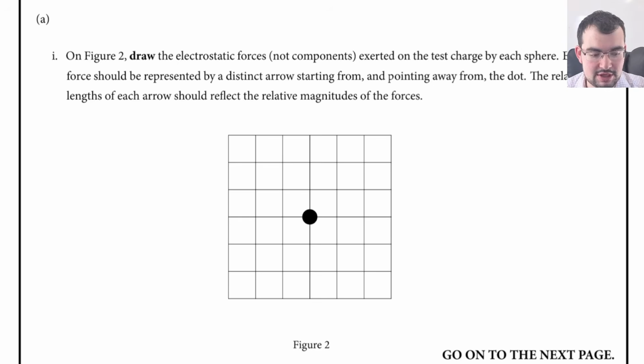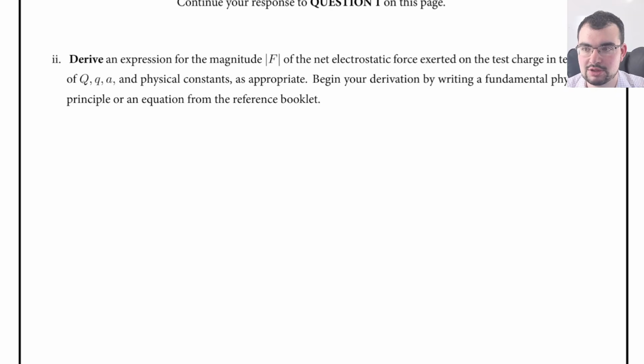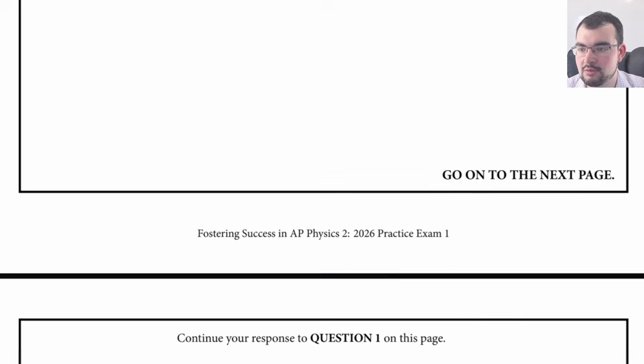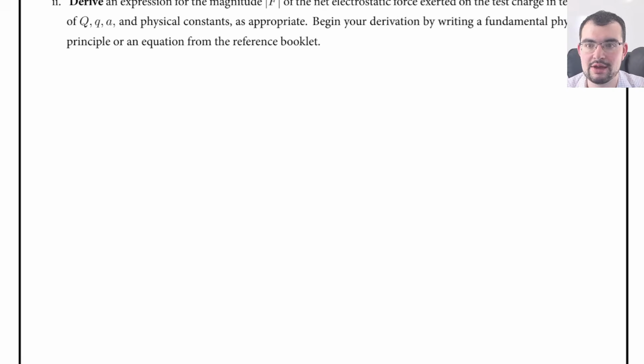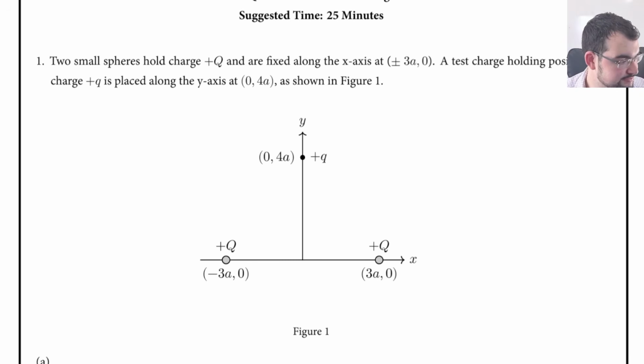We want to represent each force by a distinct arrow. So this means don't draw F net. We want to draw the actual forces. Then we want to derive the expression for the net force F due to all the charges. And then we're on to part B, which is modified. So think of part A and B as their own little subproblems.